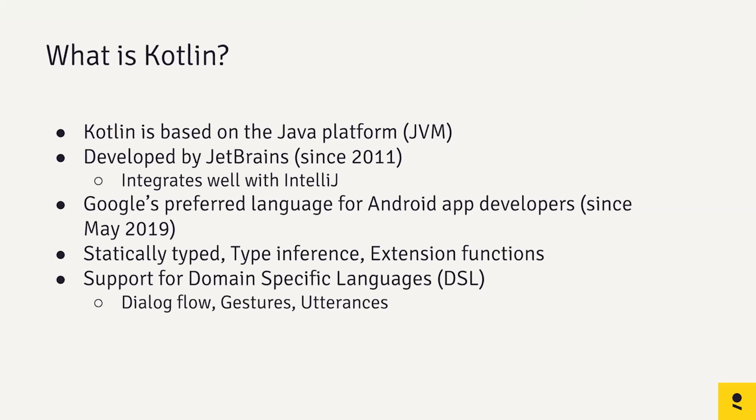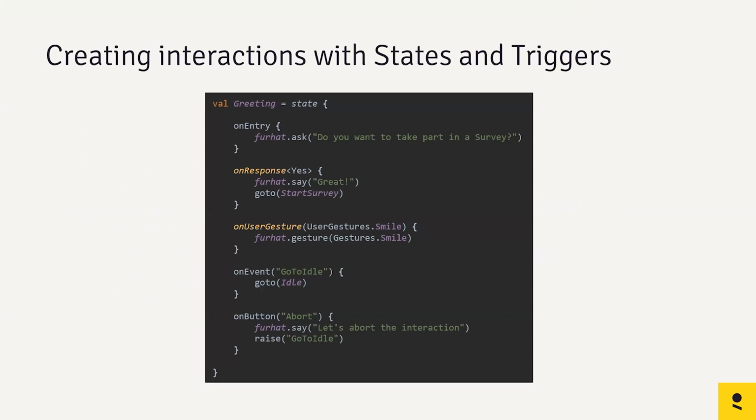And what do we mean by that? One way we use this is when you define what we call state. This state is very central to programming interactions using the Kotlin Skill API. Basically, when you develop an application, you want your robot to react to things.